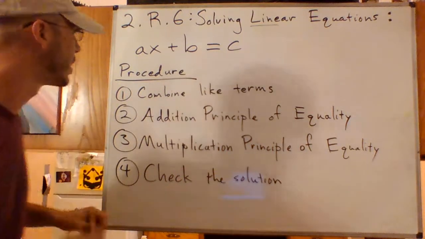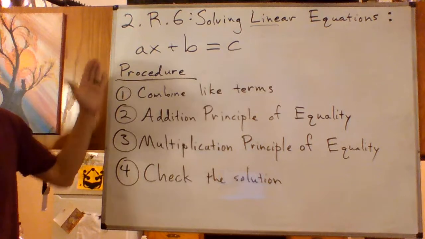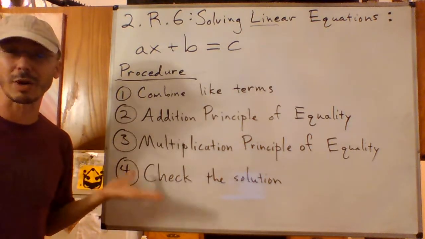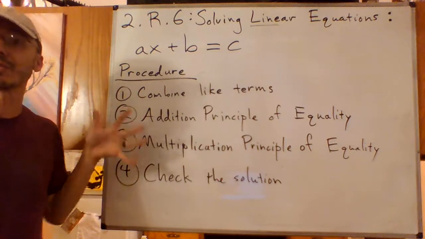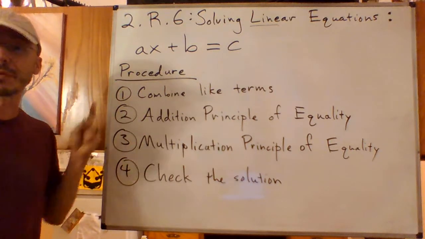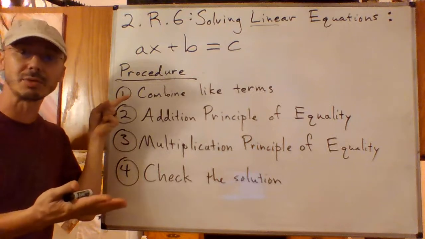decimals, something like that. Now, the procedure, if you want to pause and copy this down, you're not going to need to write this or even really say what these things are. But these are the 4 steps. The first is to combine like terms, if possible.